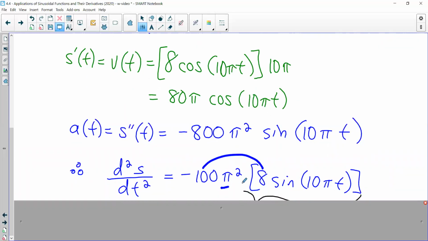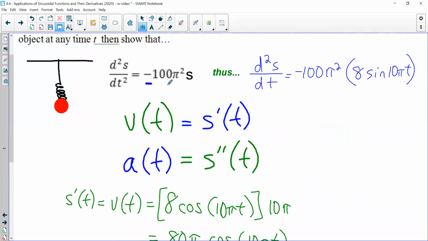We already have the pi squared. If we connect the 8 mathematically as multiplication by the sine function part and identify it as a separate function, well, we've met the requirements of the negative 100 pi squared up at the top.